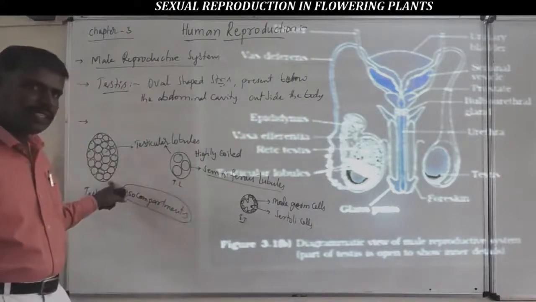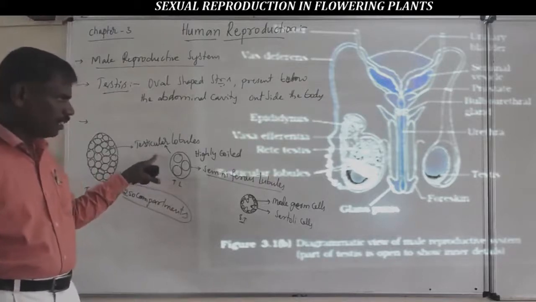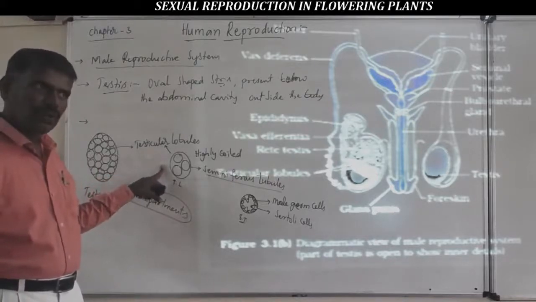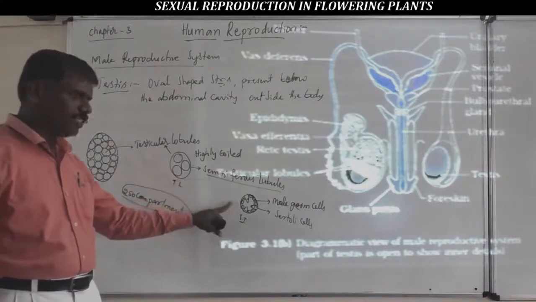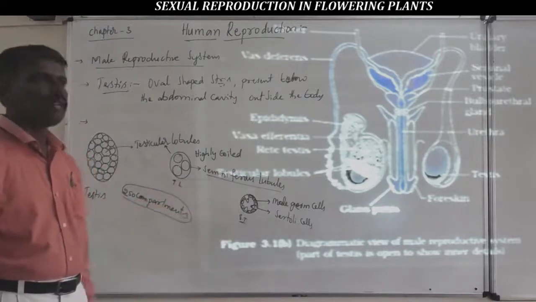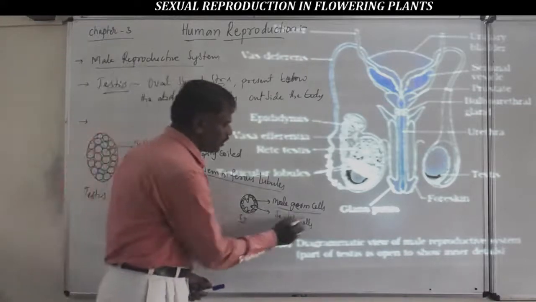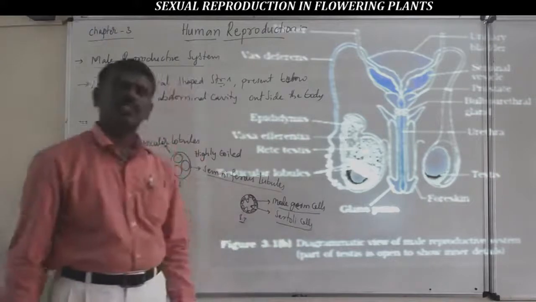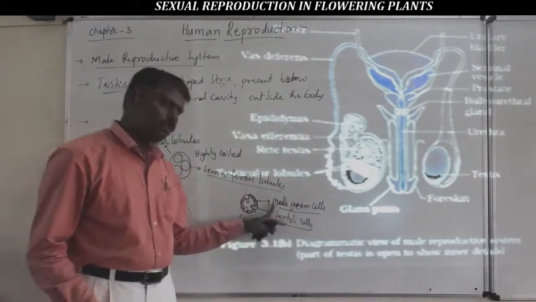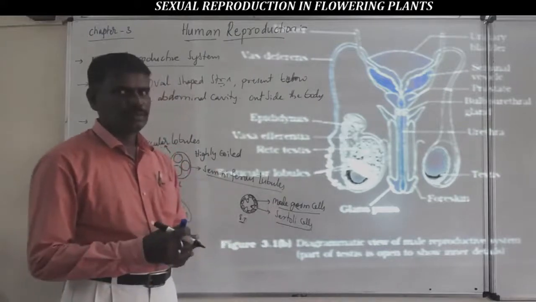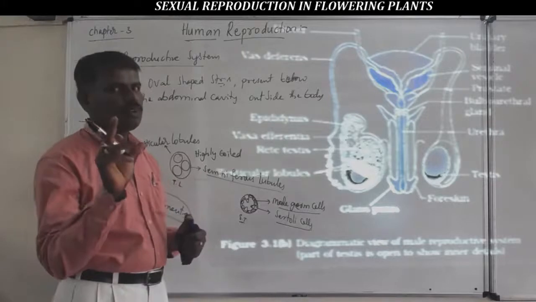Each testis contains 250 testicular lobules. Each testicular lobule consists of 1 to 3 highly coiled seminiferous tubules. Each seminiferous tubule is made up of 2 types of cells, that is, male germ cells and Sertoli cells. The male germ cells help in the formation of sperms.